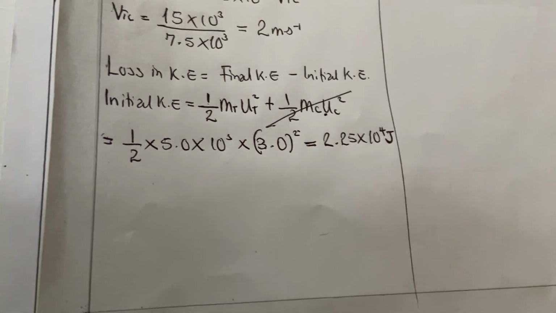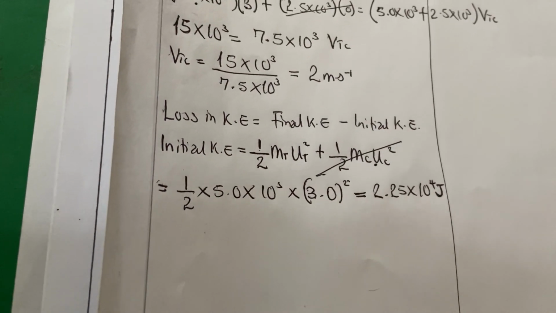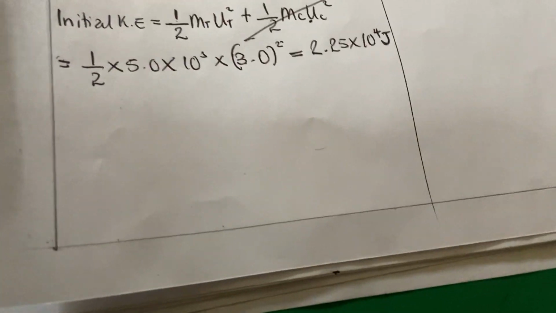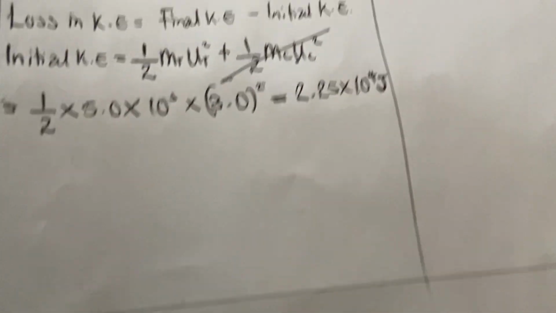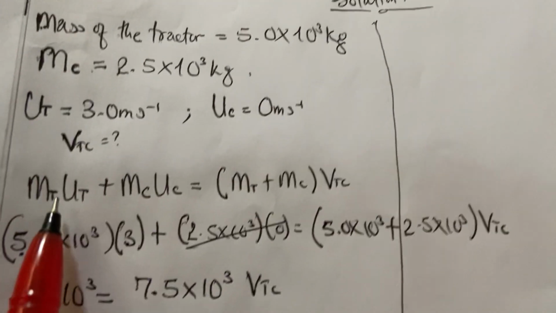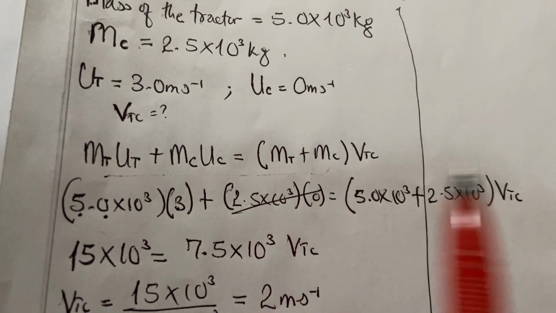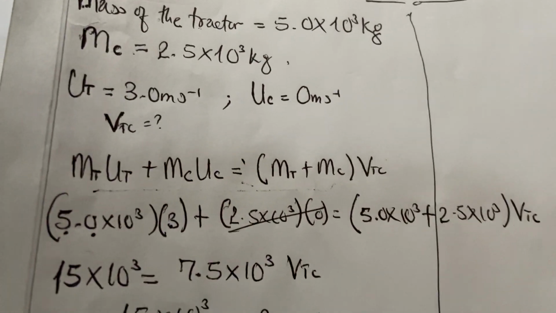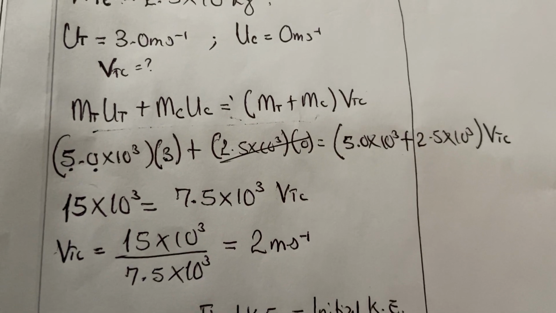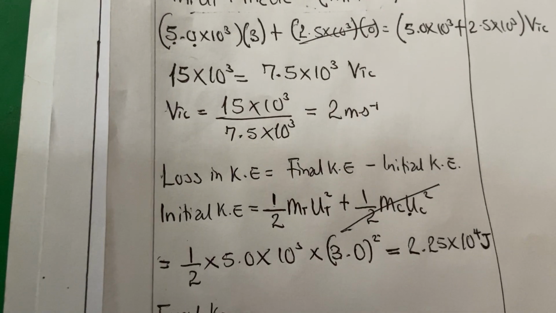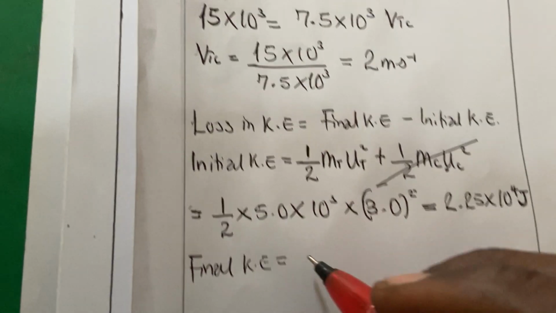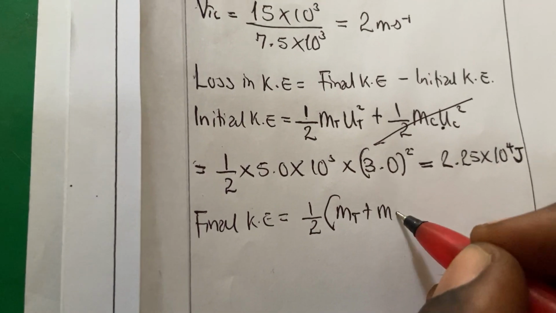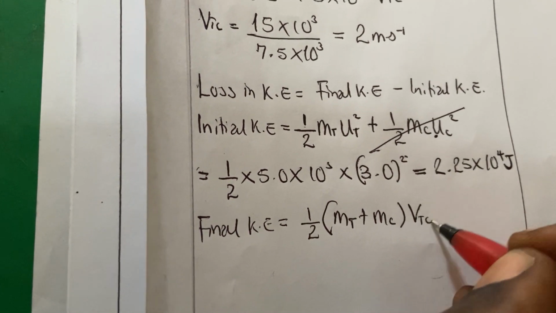All right, let's find the final kinetic energy. This is not difficult at all. Looking at the momentum here, all we need is to introduce half and then square the velocity. So the final kinetic energy is 1/2 MT plus MC VTC square.